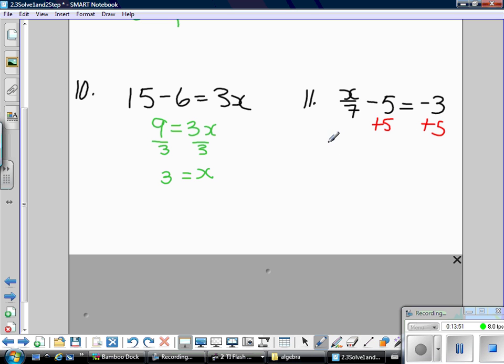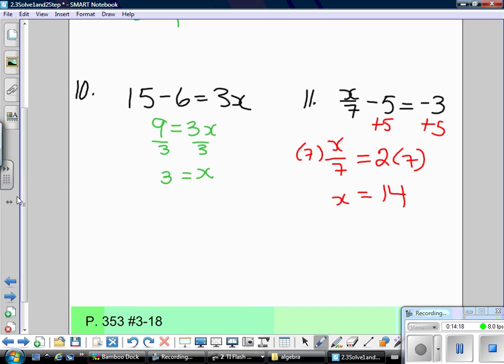Okay, when I do that, I end up with x over 7 plus 0 equals 2. And this is dividing by 7, so I'm going to multiply both sides by 7. And I end up with the 7's canceling out to give me 1x equals 14. All right, so lots of practice on these. It's going to be a real important skill.